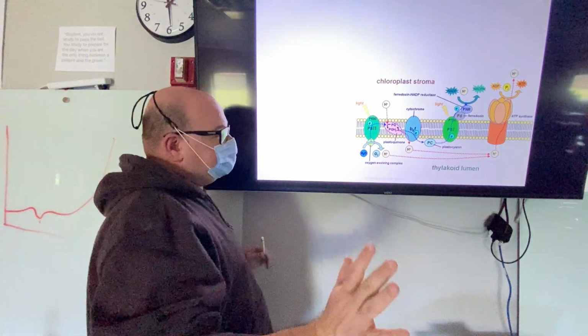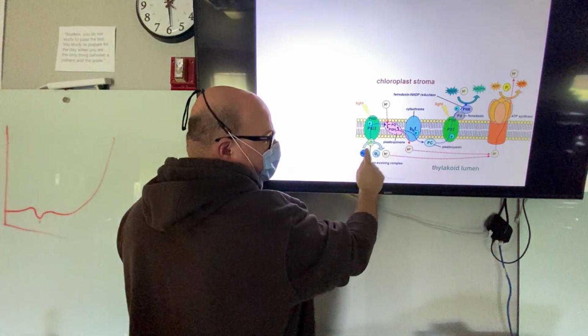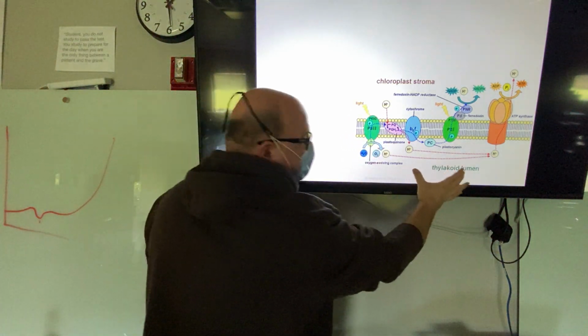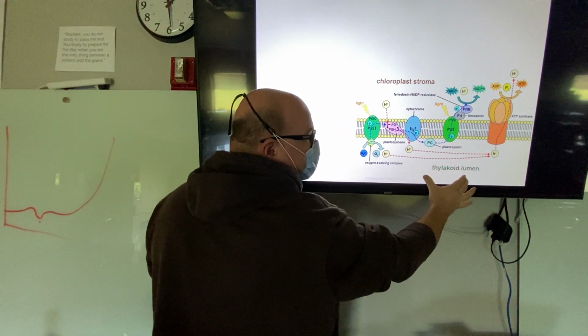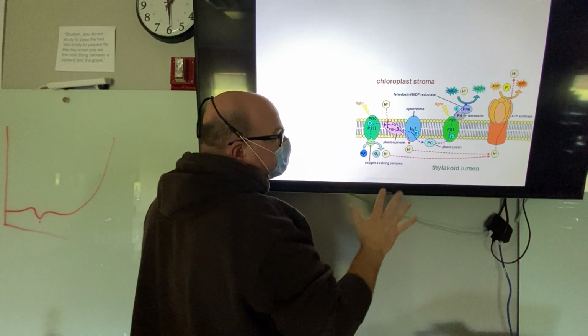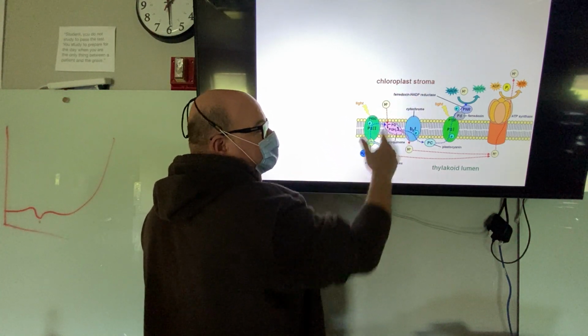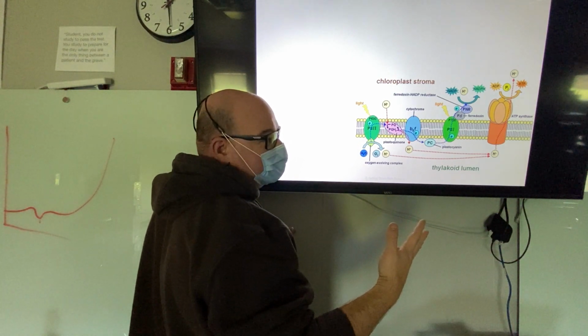Really pay attention to this, everybody. Water came in and water got split. This is the inside, called the lumen, or the hollow space inside the thylakoid, which is like the green stack of cookies. The stroma is sort of the cytoplasm of the chloroplast, okay?